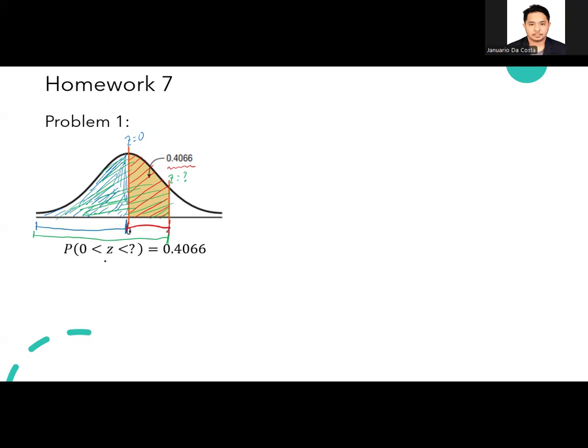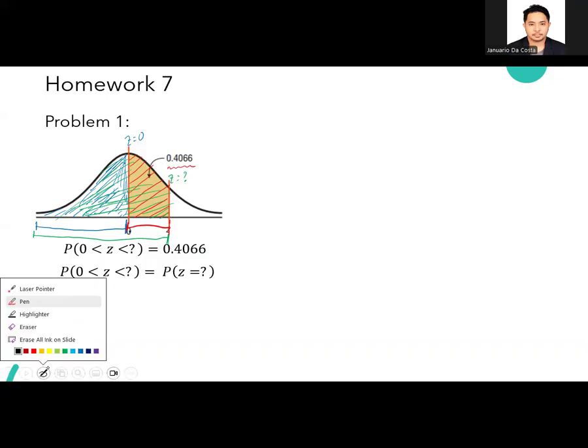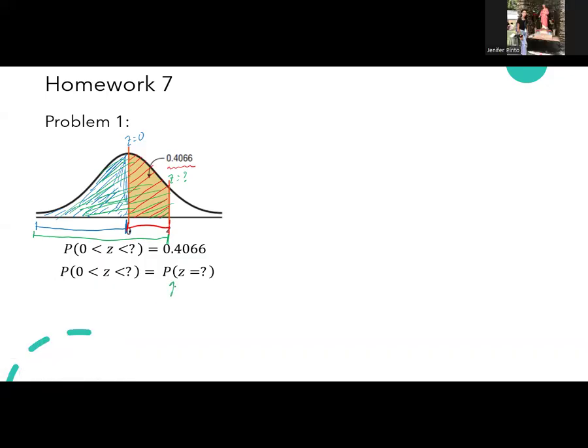Now how will I represent the subtraction? The probability of z, which is the green, this is the green, probability of that z value, which we don't know, minus the probability of z equals 0, which is the blue.